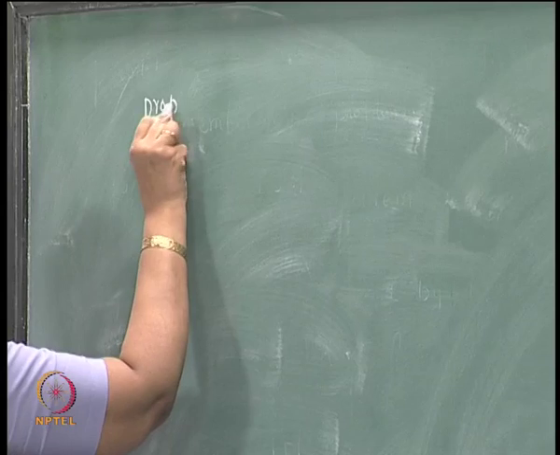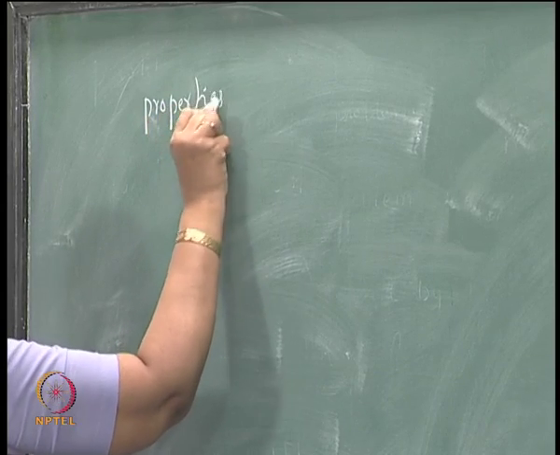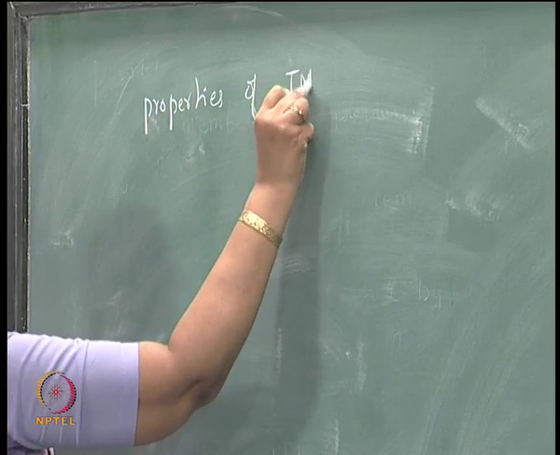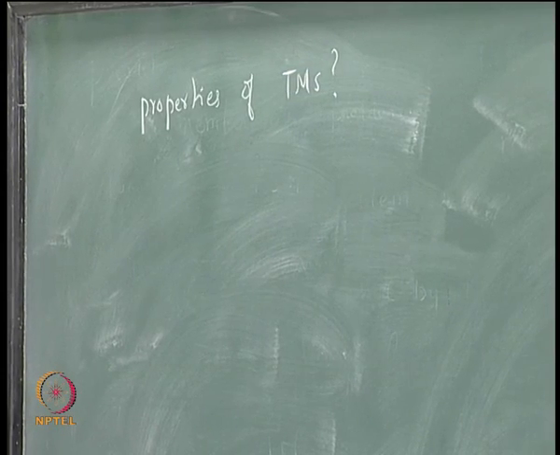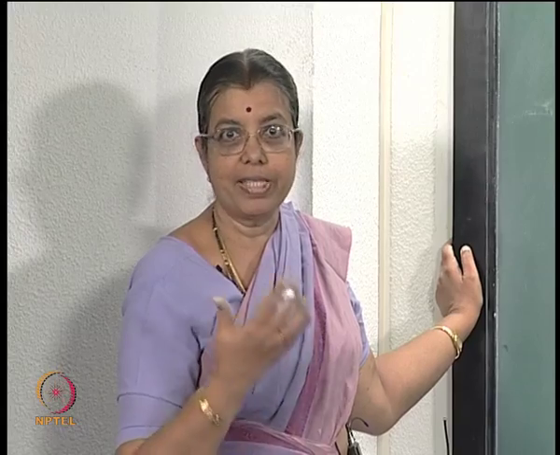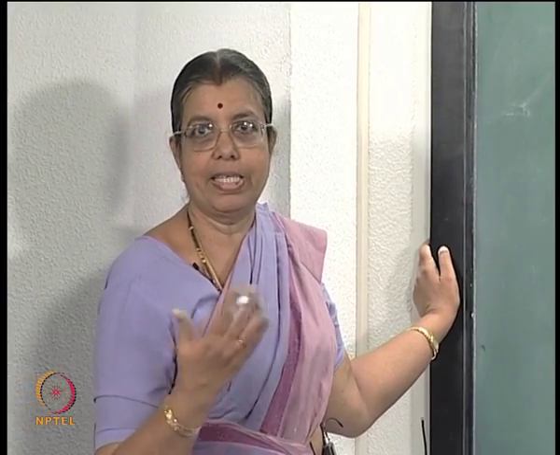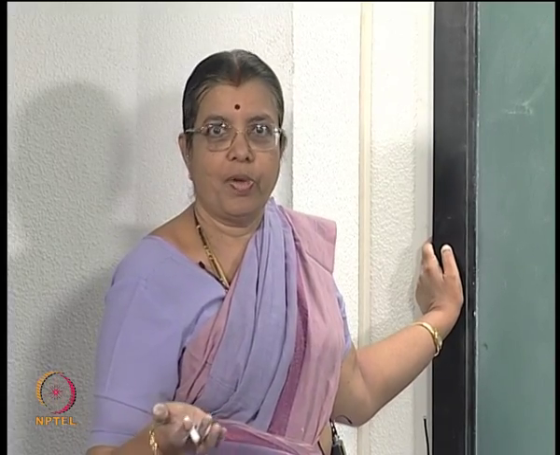Properties of the languages accepted by a Turing machine are the properties of recursively enumerable languages, and we can very easily say whether it is decidable or undecidable. We need not go through the entire proof. Once we know that it is a non-trivial property, immediately we can say it is undecidable.